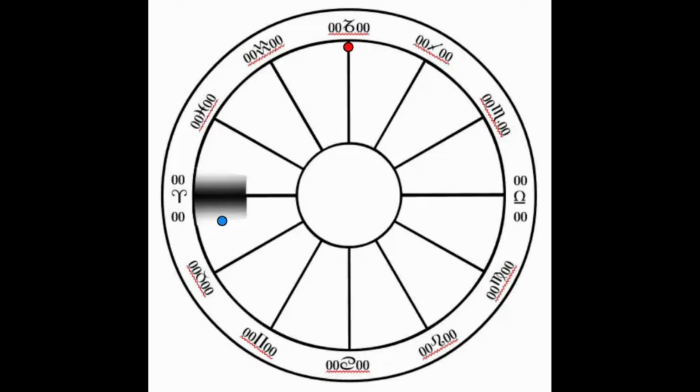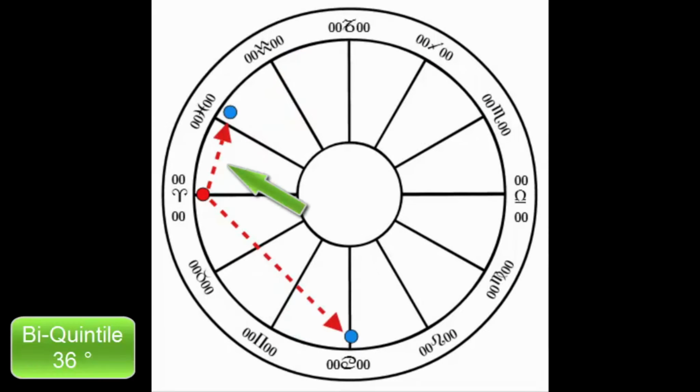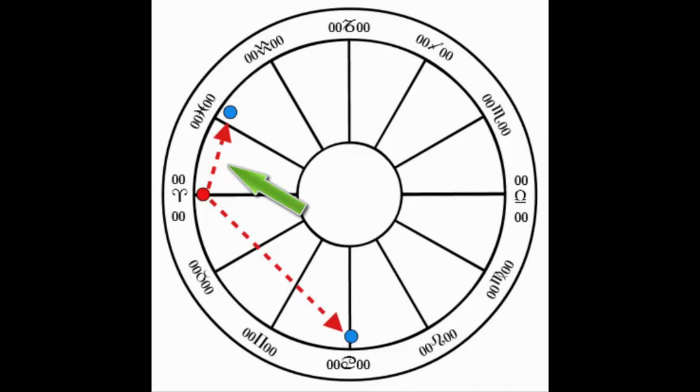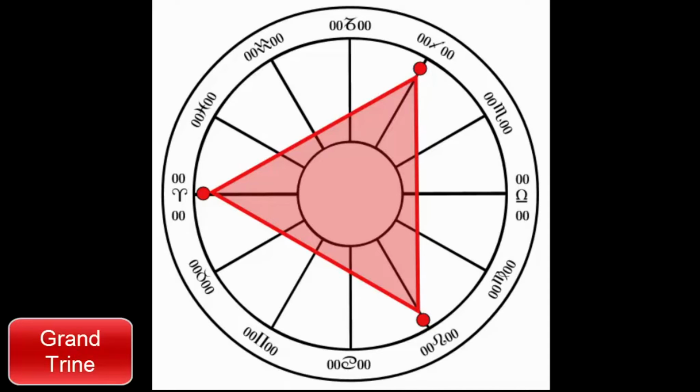This covers the basic aspects, but there are other aspects, like the quintile and the biquintile. And then we also have aspect groupings. For instance, we have 3 planets forming a trine, which is called a grand trine, bringing much good luck to the person.